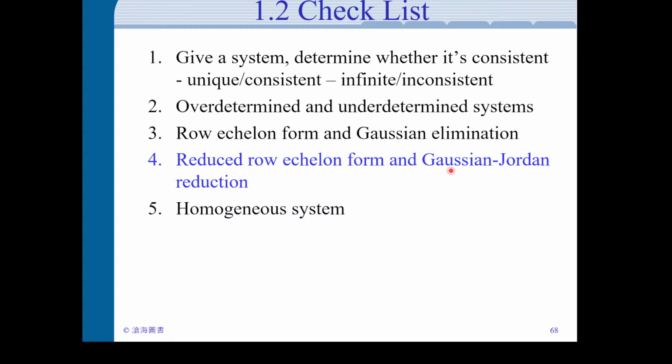Also there are overdetermined and underdetermined systems. Overdetermined means there are more equations than unknowns, and underdetermined means there are more unknowns than equations. Then there are the row echelon form and the reduced row echelon form, and there are homogeneous systems.